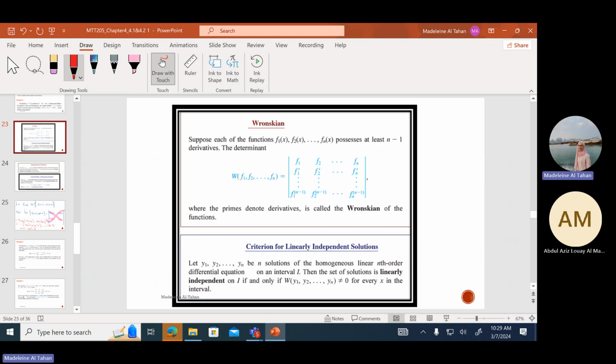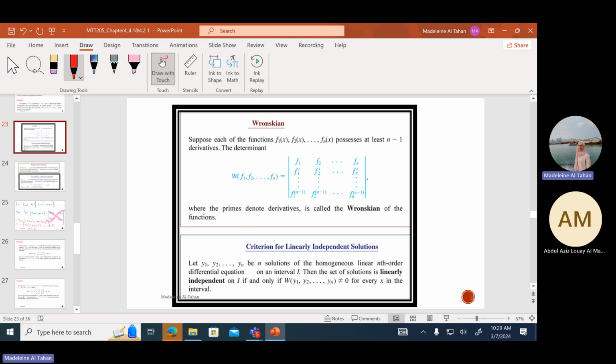Again, the first row, the function, the second row, the derivatives, right? The derivatives of the functions that they are given. 0. Mine also got 0. Who got 0? The others, miss? 0. So what does it mean? Linearly dependent or independent? Dependent.